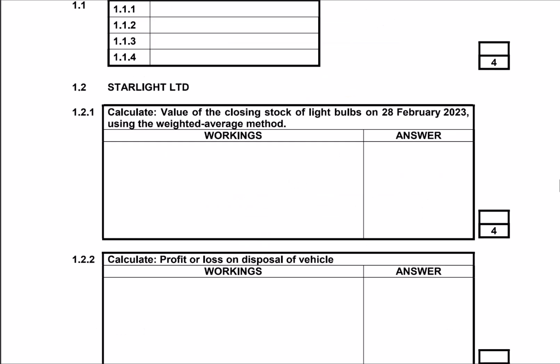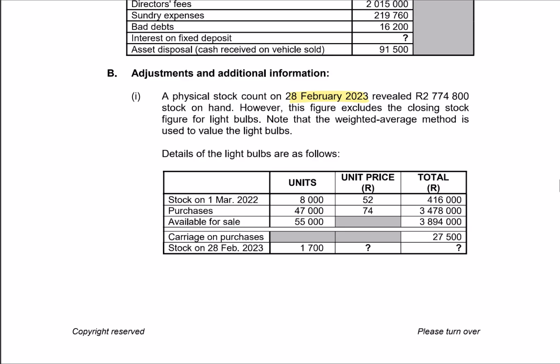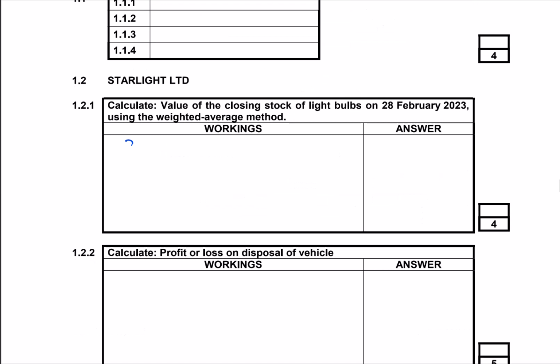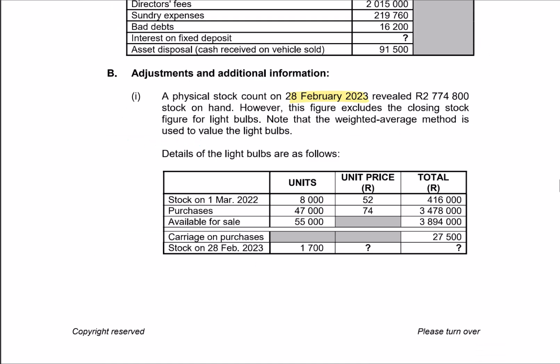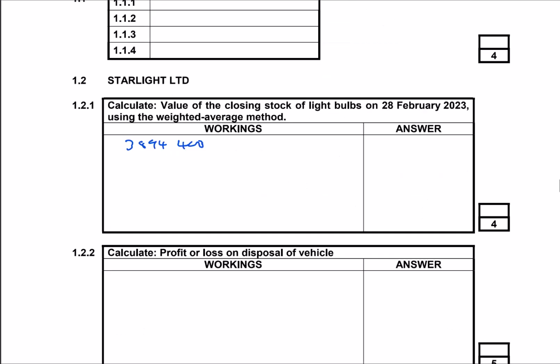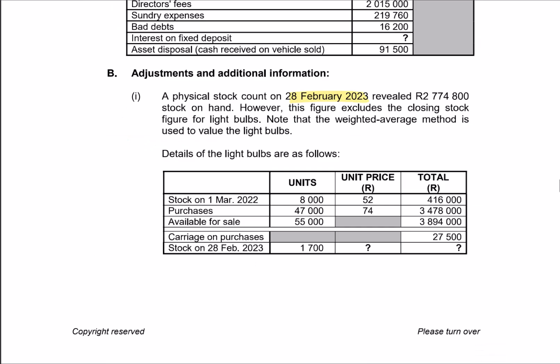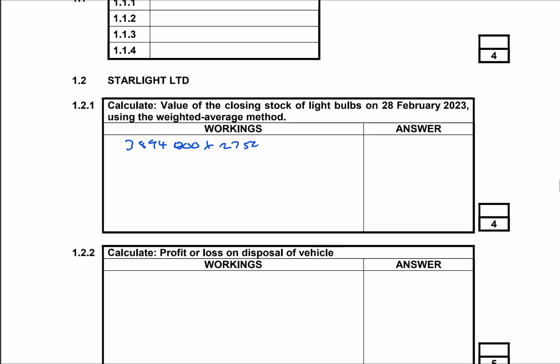So instead of adding, your already given total will be 3,894,000, plus carriage of 27,500, all divided by total units 55,000.